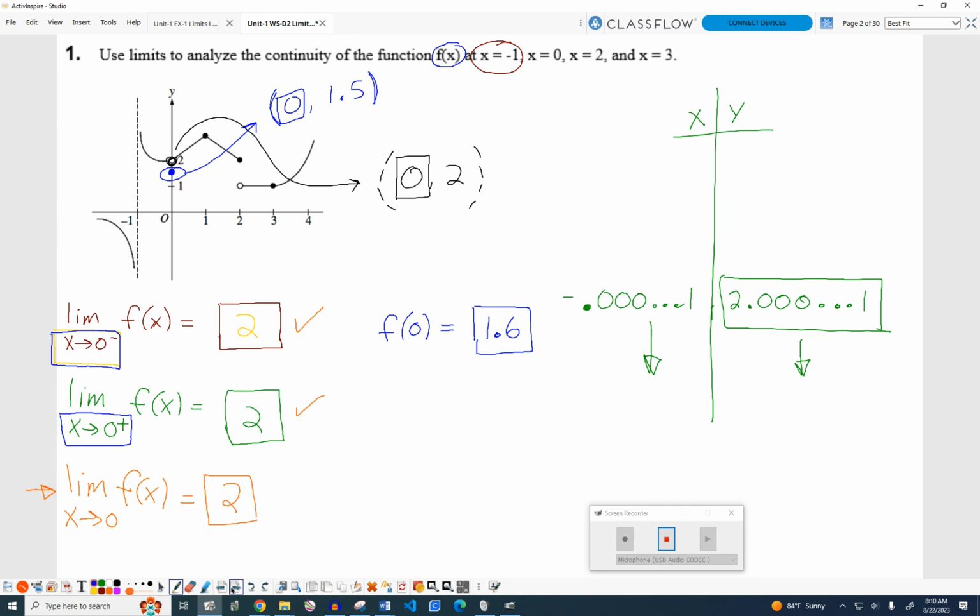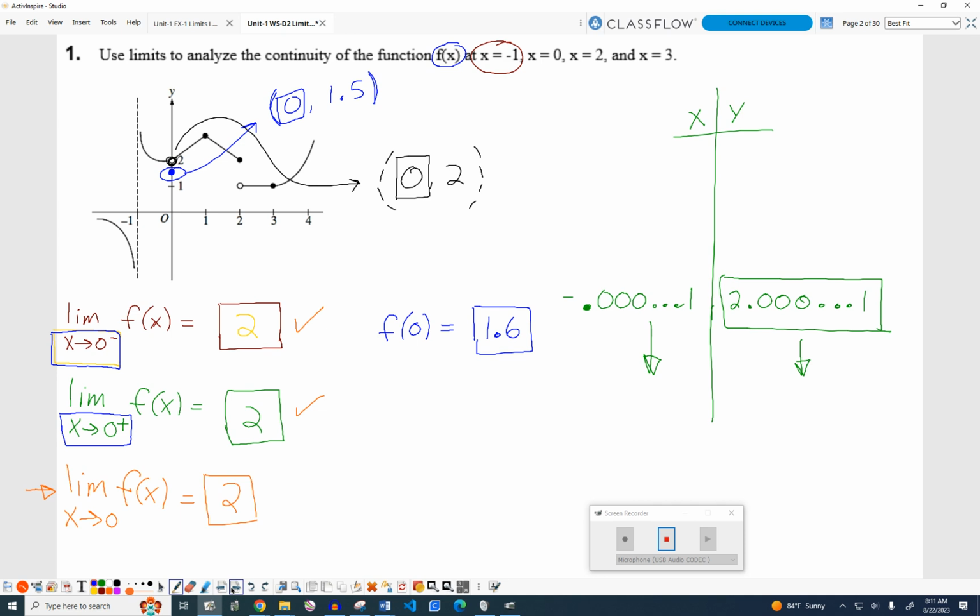But what you're probably noticing is on the AP test, probably about 95% of the time, they will ask you to evaluate a limit at an x coordinate where there is a discontinuity. A vertical asymptote is one type of discontinuity. This one that we're hitting right here is called a removable discontinuity. This one over here at x equal 2 is called the jump discontinuity. And that's the only 3 types that we study.